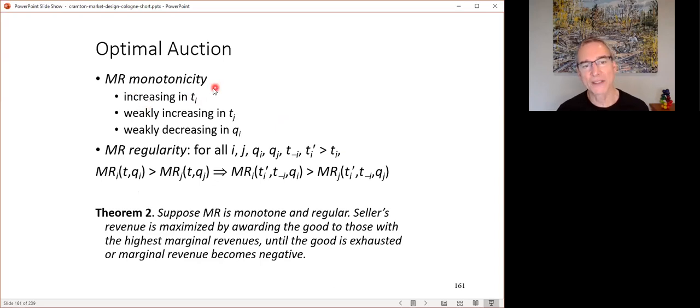So marginal revenue monotonicity: the marginal revenue is increasing in type, weakly increasing in the other guy's type, weakly decreasing in quantity. Those aren't too bad. And then there's the regularity conditions. These are basically the identical conditions we had for marginal value, but now we have them for marginal revenue.